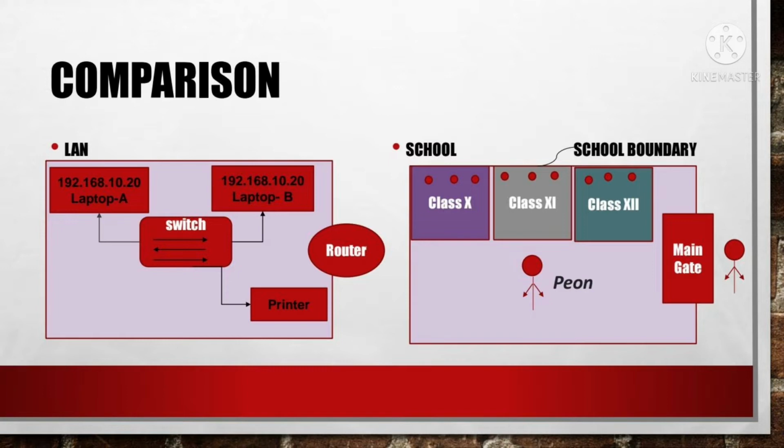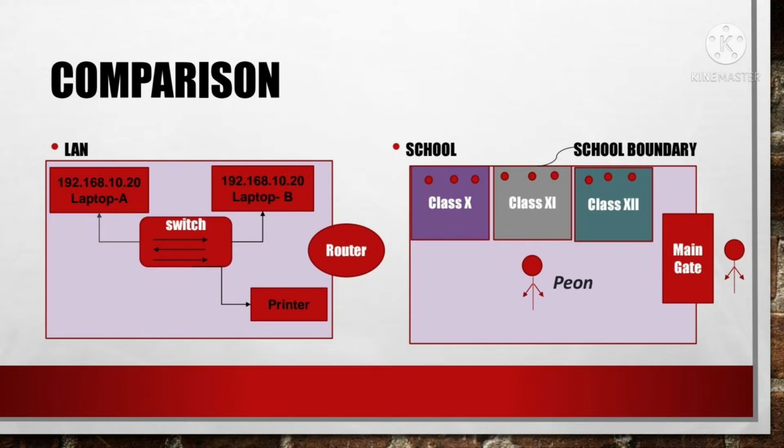Now correlating this to a school, which you can see on the right hand side of the diagram. So here the school boundary can be considered as a LAN, within which we have three different classes: class 10th, 11th and 12th. And we have various students in these classes, so we will consider these students as different devices.